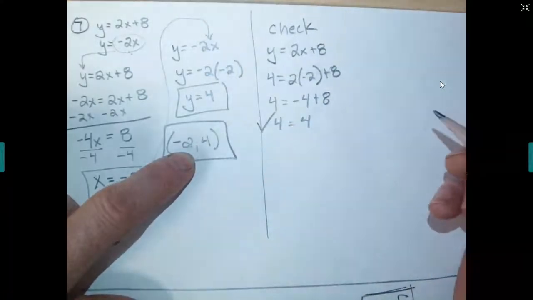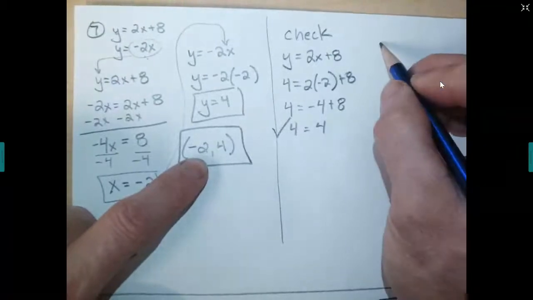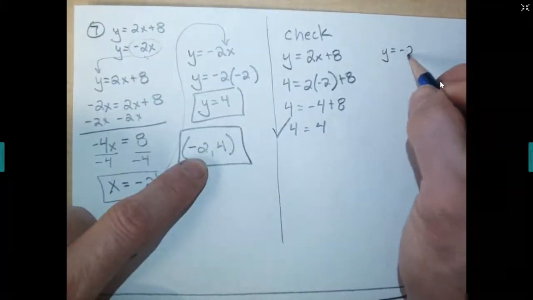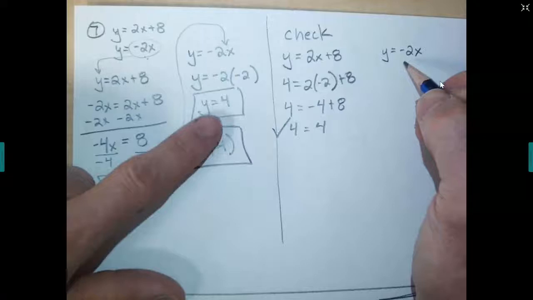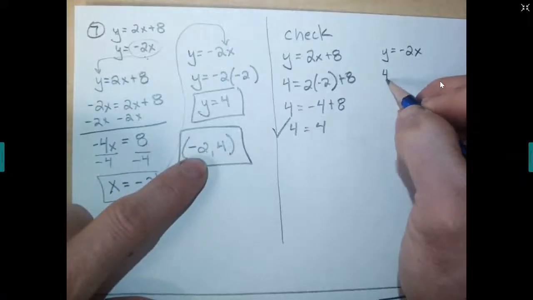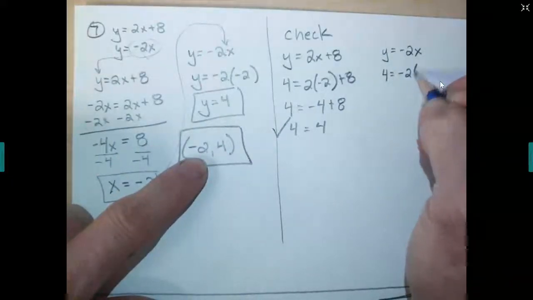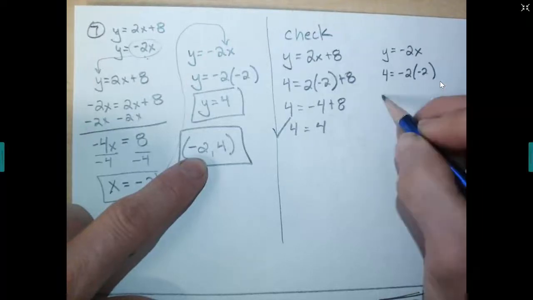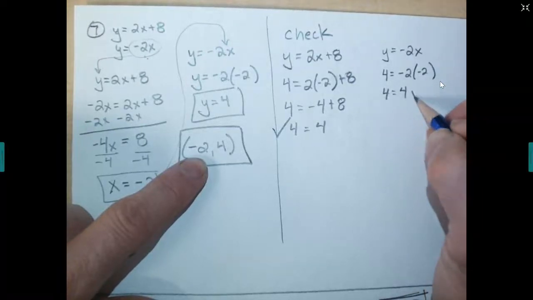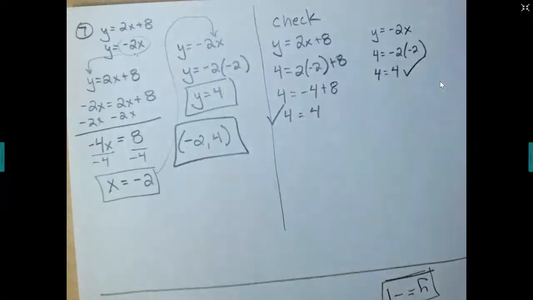Check. My other equation is y equals negative 2x. So I have 4 equals negative 2 times negative 2. 4 equals 4. Check. Number 7. Good to go.